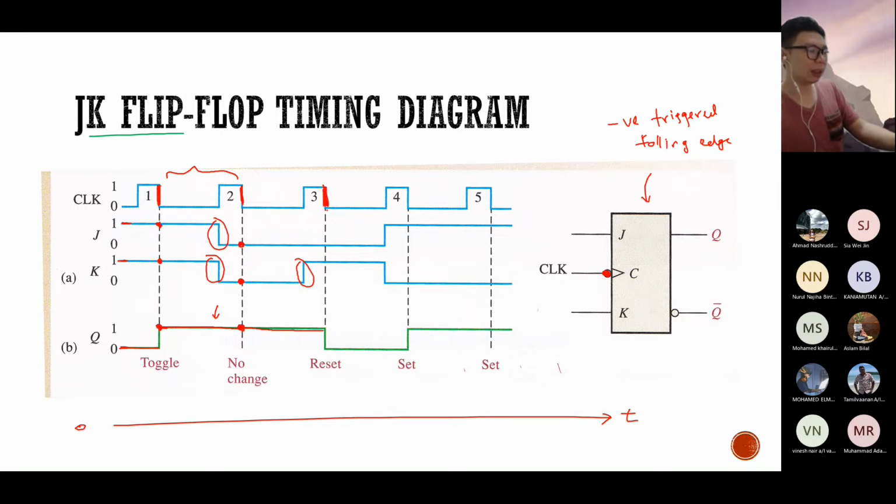At this vertical line, it gets the trigger. Now it reads the input at J and the input at K. J is 0 and K is 1. J0, K1 puts your flip-flop into a reset state. In reset state, your output is going to go to 0 no matter what.